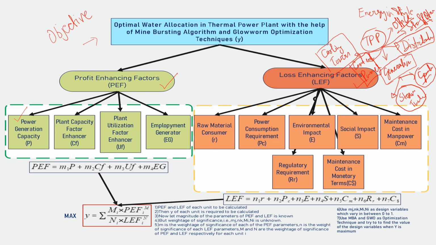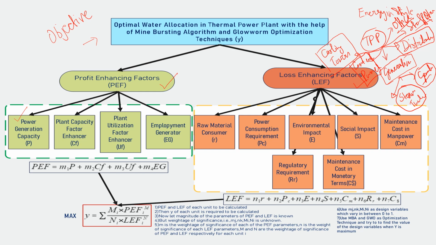Now power generation capacity is how much power a unit can generate. If it cannot generate any power, then it is zero. If it can generate power, then how much is its potential? I am talking about the potential, not what it actually supplies.